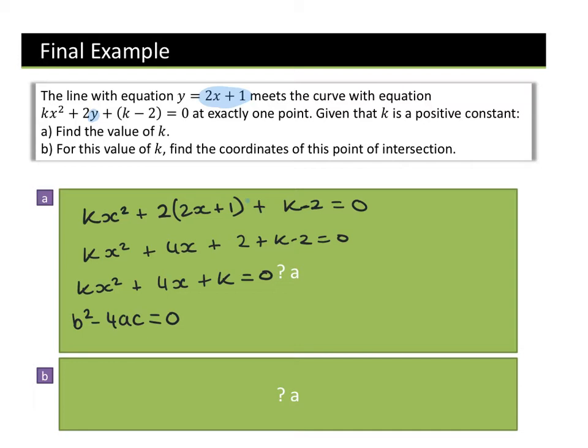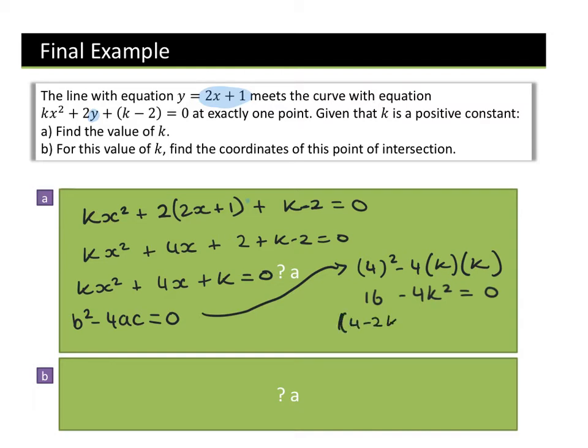So if we continue with this, our b in this case is 4. So we can get 4 squared minus 4 lots of a, which is k, lots of c, which is in fact k. So we're going to get 16 minus 4k squared equals 0. Okay, 16 minus 4k squared is actually the difference of two squares. And that's going to give me 4 minus 2k, 4 plus 2k.